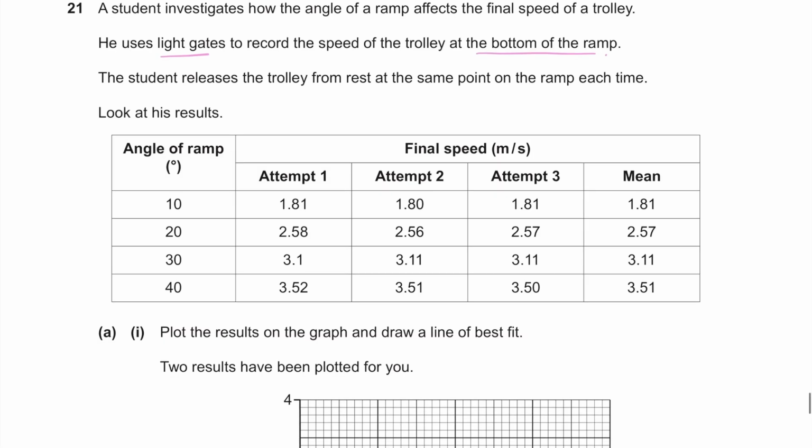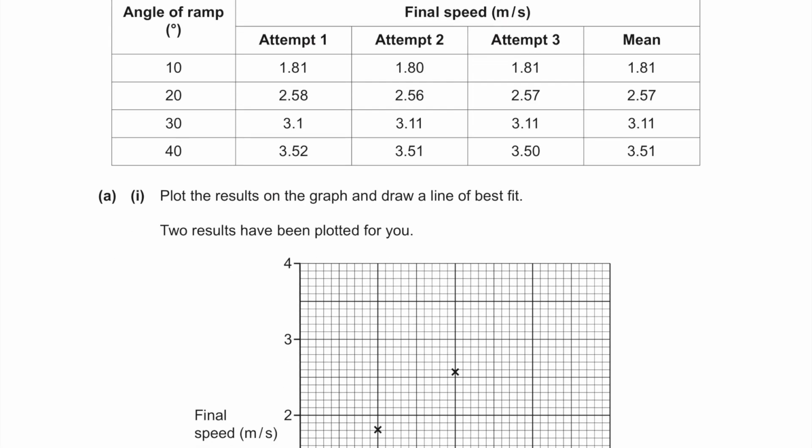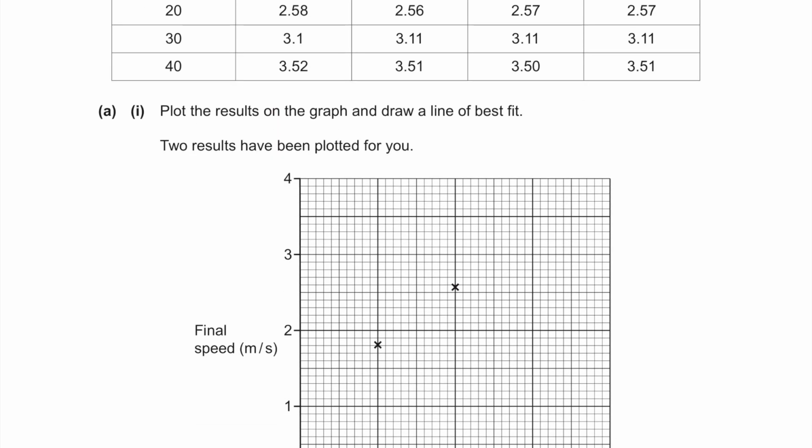And the student releases the trolley from rest at the same point on the ramp each time. Okay, so we've been given some data values in attempt 1, 2, 3 with means as well. Plot the results on the graph and draw a line of best fit. So we've been given 2 already.